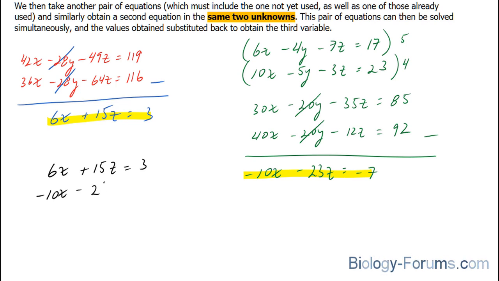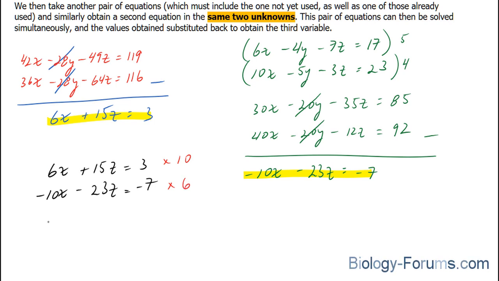That's another good thing. Great. Now we have to decide which of these two variables we want to eliminate. And we're going to eliminate the x's. It's a choice that I made because the numbers are smaller than 15 and 23. And what I'll do is multiply this whole thing by 10 and this whole thing by 6.